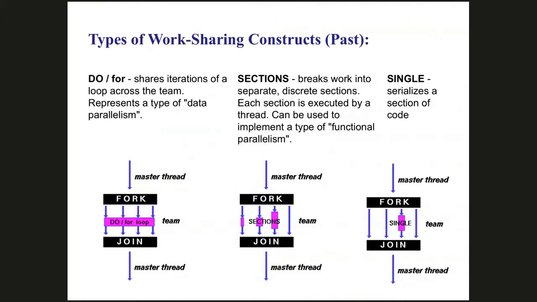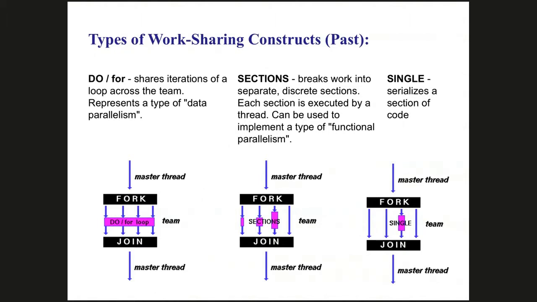This also represents a type of data parallelism. Another construct is called sections. Sections breaks work into separate discrete sections, and each section is executed by a thread, so the combined sections run in parallel. This is sometimes called functional parallelism.